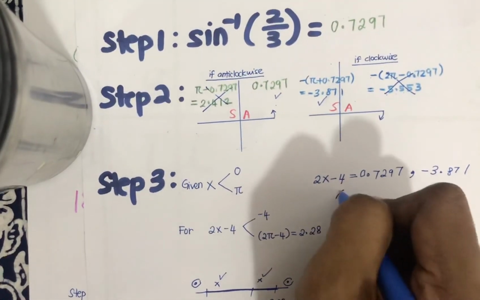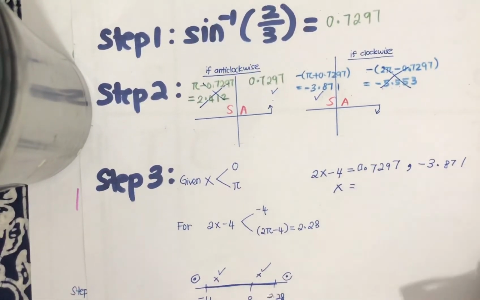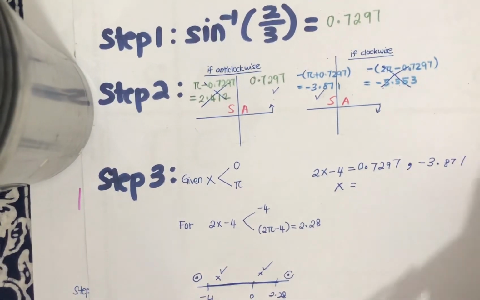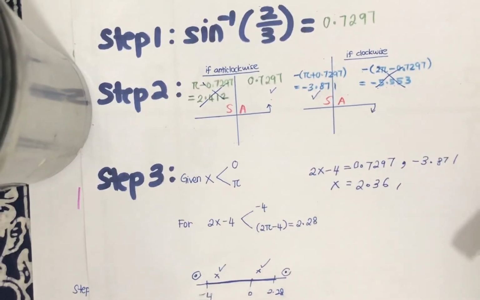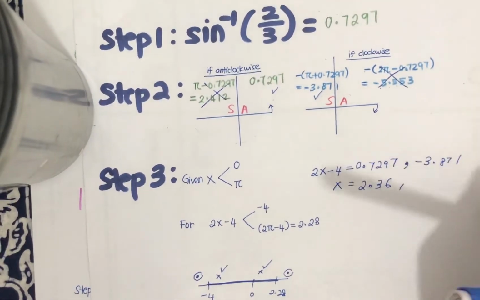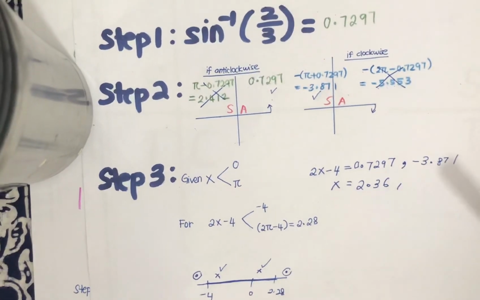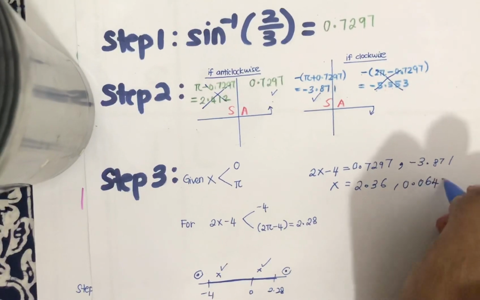Then find your x. Let's see what you get. You work it out. That will give me 2.36. 0.0645.